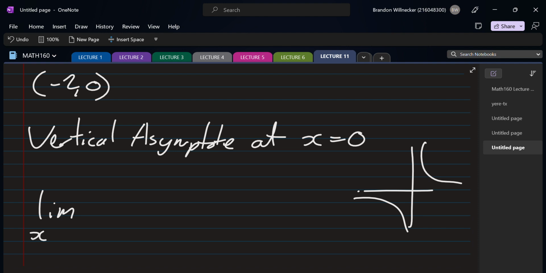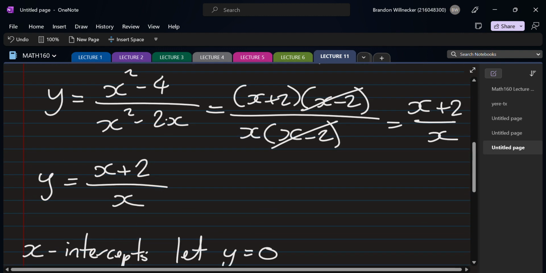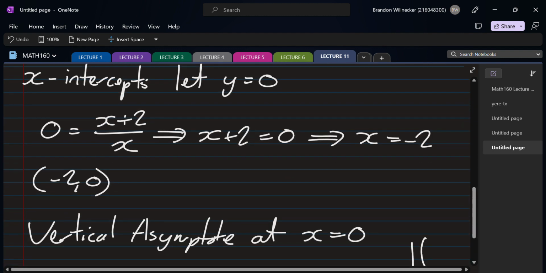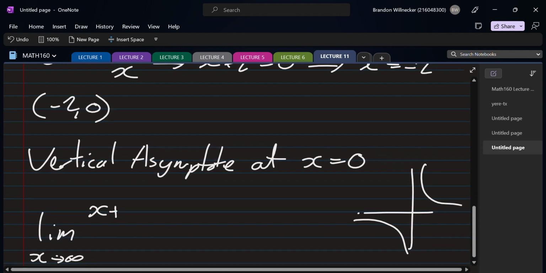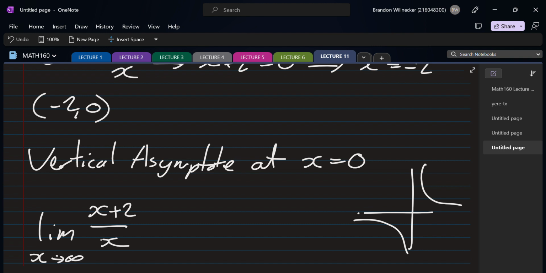So we can take the limit as x goes to infinity of this, x plus 2 over x. Okay, this is an indeterminate form, type infinity over infinity. You can use L'Hopital's rule. This just gives us 1.